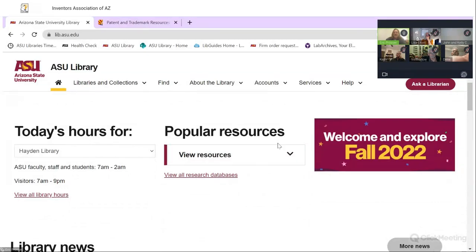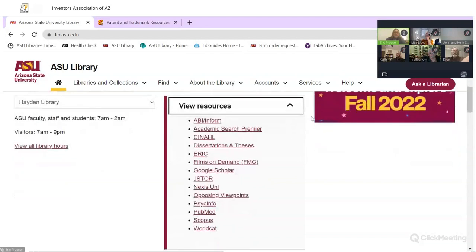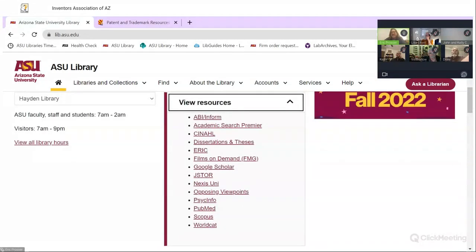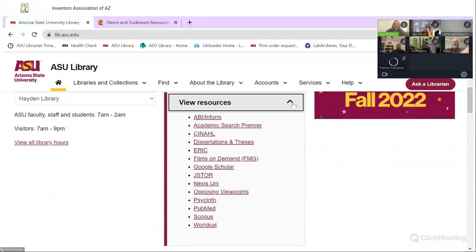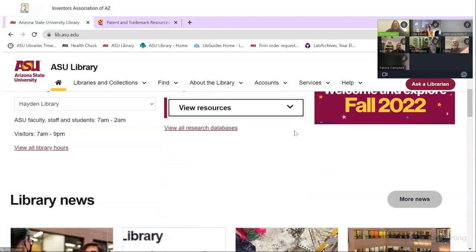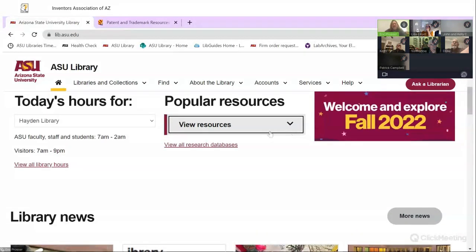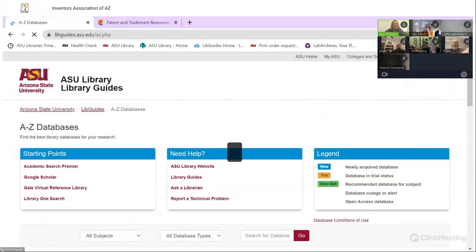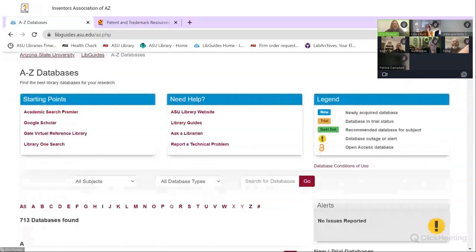We have a few under this drop down, which are some of the more popular ones that are out there. But really where I'm going to take you is deeper than that, because some of the databases that you would want to use are actually going to be a little deeper in there. So I've taken us to our database list now.